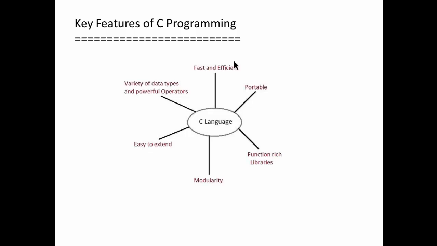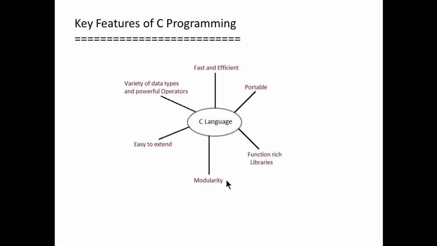Okay, so next, coming to the next feature, which is modularity. As we have discussed, one of the main features of procedure-oriented programming is that the whole program is converted into subroutines or functions. This gives you a new feature called modularity.